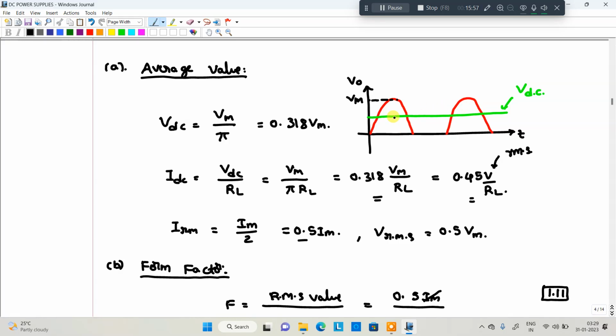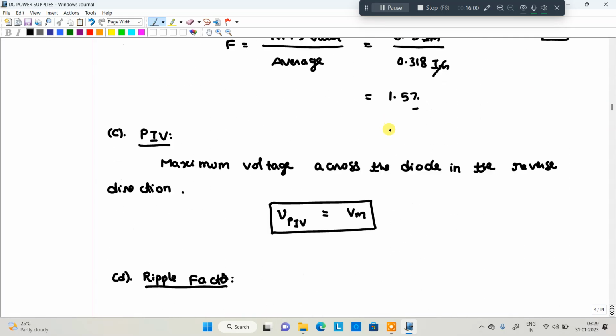The spikes are called ripples. In this particular waveform, how much ripple is present, we will discuss now. For a half-wave rectifier, the ripple factor is represented by gamma. That will be the ratio of the RMS voltage or RMS current divided by the average voltage or average current.